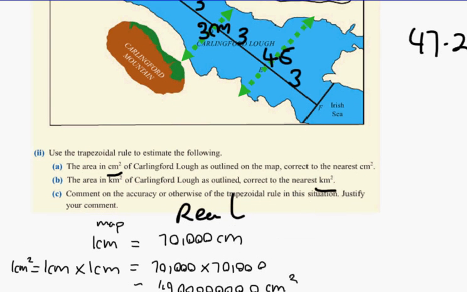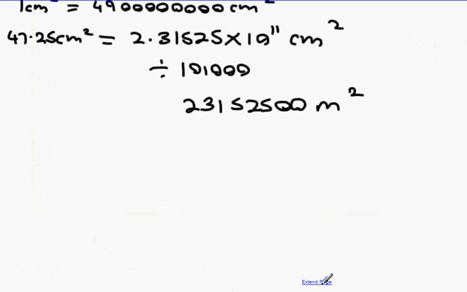So what we need to do is find out what 1 kilometre squared is in terms of metres. Imagine this green box here.